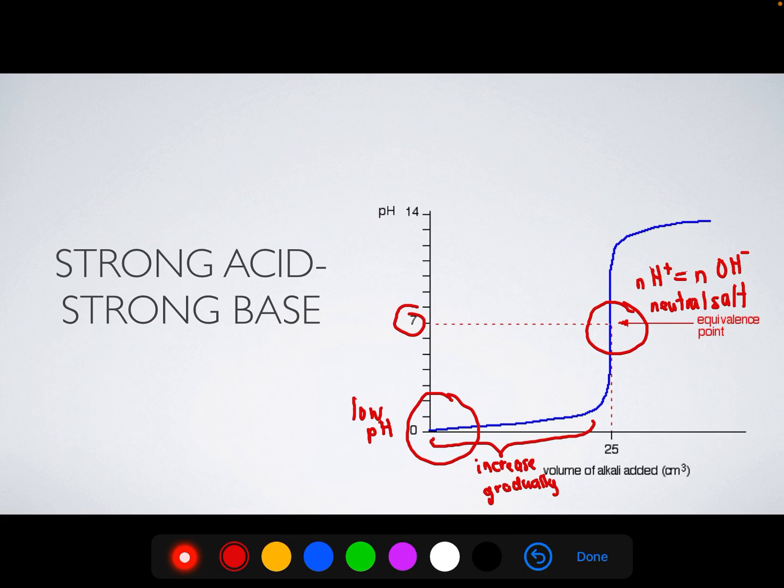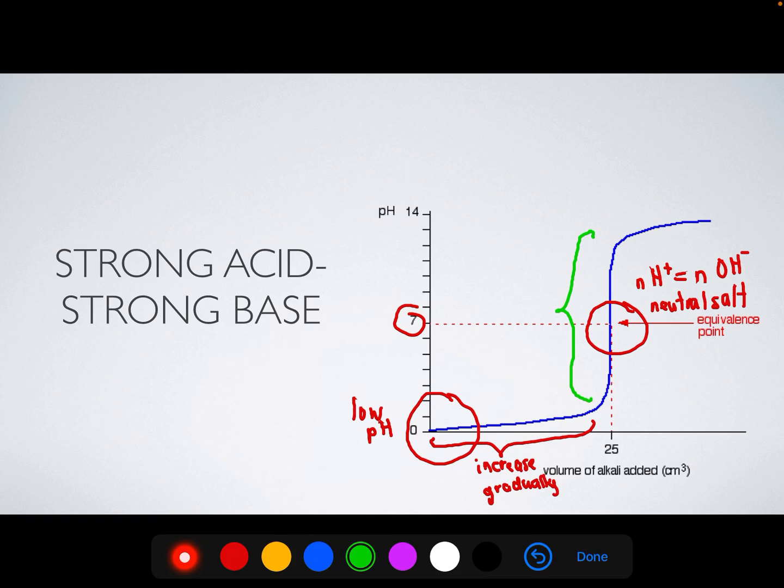Sebab tak ada siapa nak neutralkan kita punya base ni tadi, base yang kita add ni tadi, kerana acid kita dah habis digunakan. So approaching the equivalence point ini, kita akan dapati kita ada pH jump yang sangat tinggi. So ini ialah kita punya pH jump.